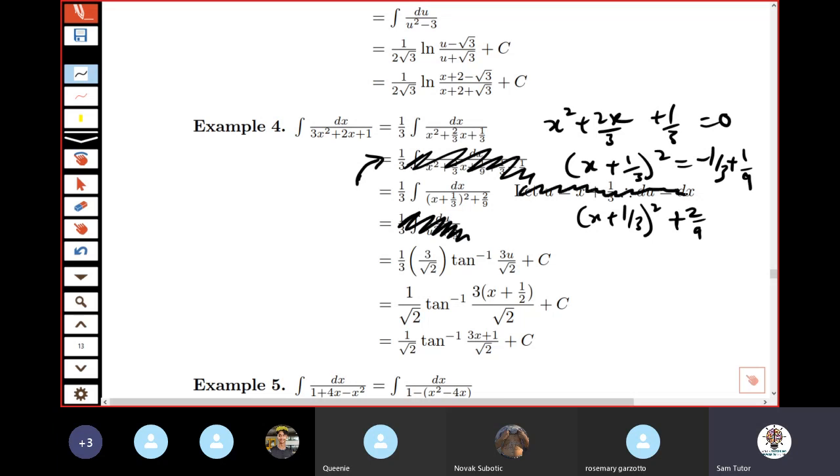I think you guys can all probably see it. That just becomes inverse tan of x on a. A is, by the way, root 2 on 3. So 1 on a becomes 3 on root 2, inverse tan, x plus a third, and then root 2 on 3. 1 on root 2 on 3 is 3 on root 2.